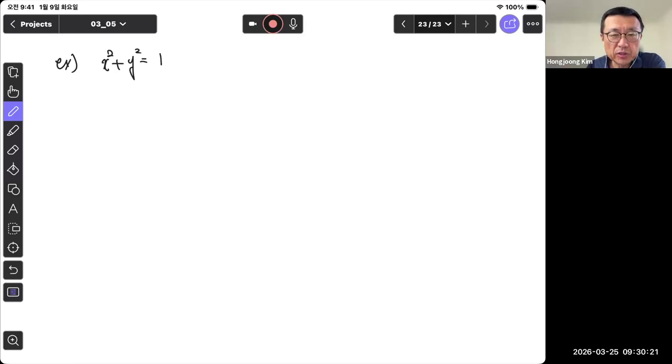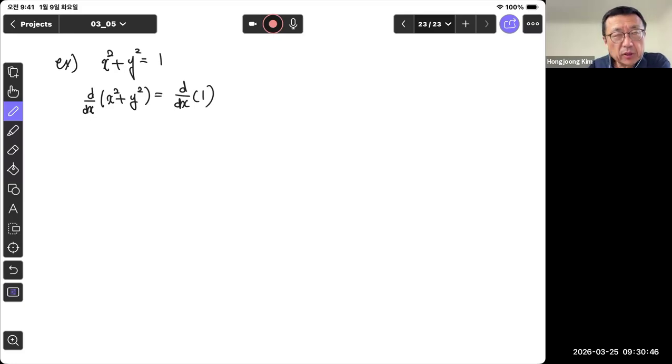So I have a unit circle centered at 0 with radius 1. Now I want to find dy/dx or y prime. To find dy/dx, we already considered this, right? I need to differentiate the left hand side, and that will be the derivative of the right hand side.